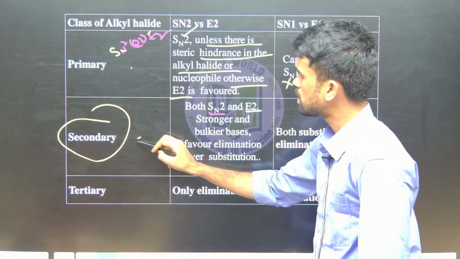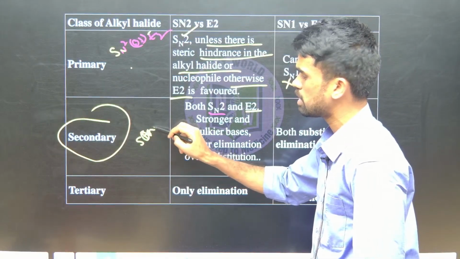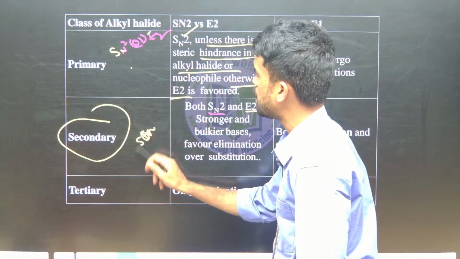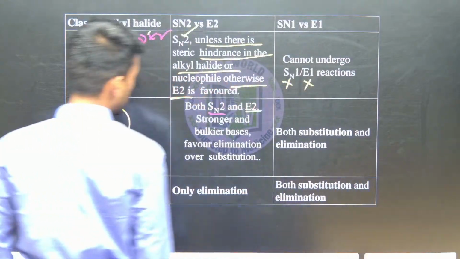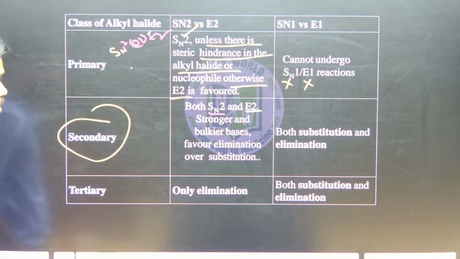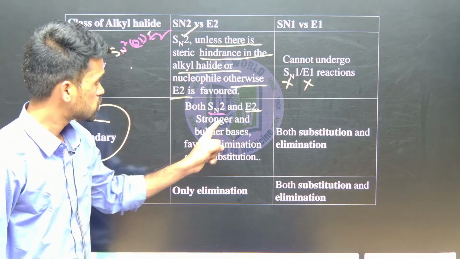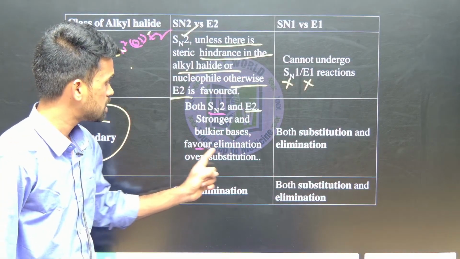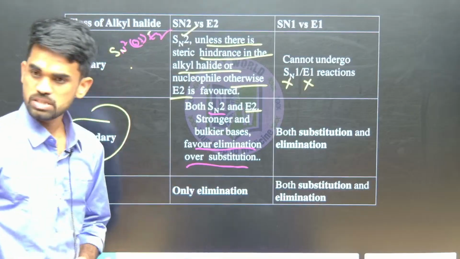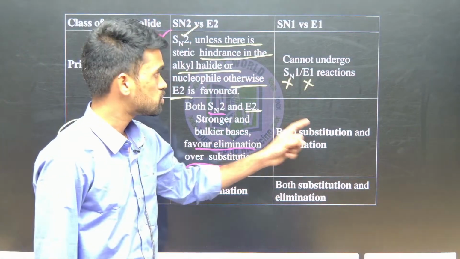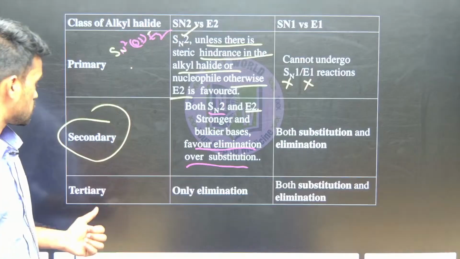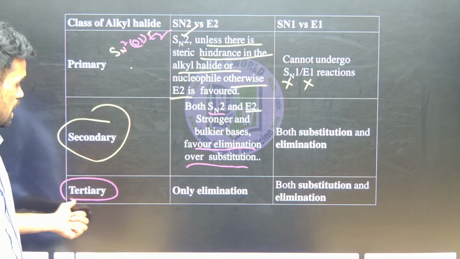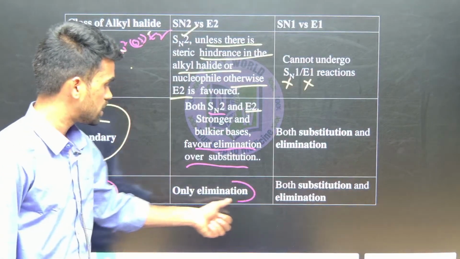Now you need to look for the solvent effect, as well as the basic nature, I mean strong base or weak base. Stronger and bulkier bases favor elimination over substitution. So both substitution and elimination are possible here. If I have tertiary alkyl halides, between SN2 and E2 only elimination takes place.